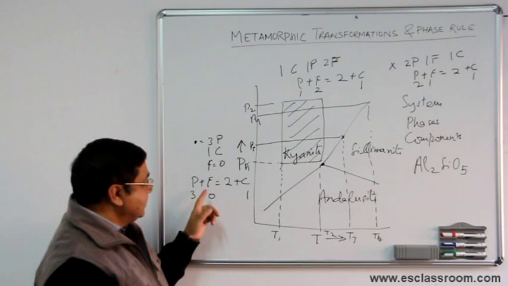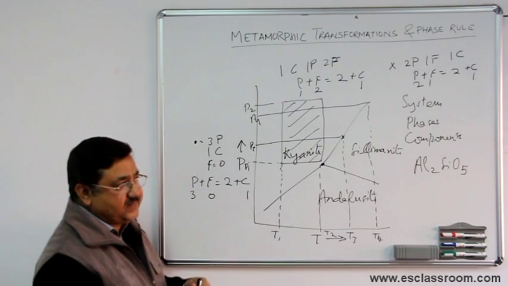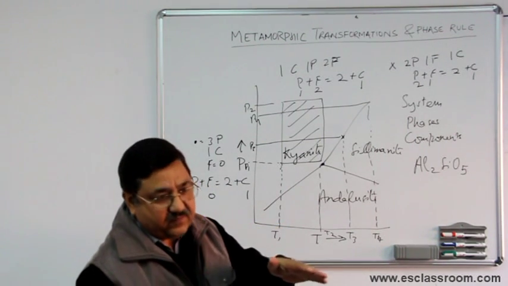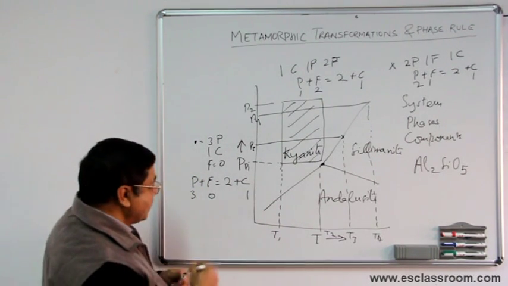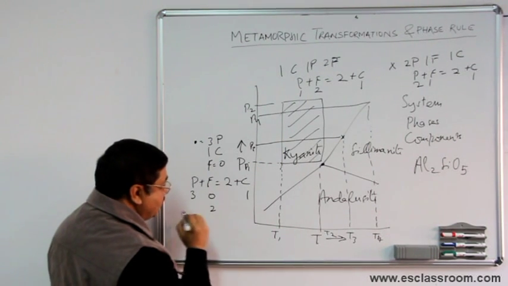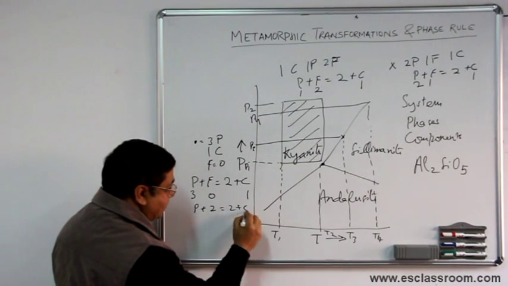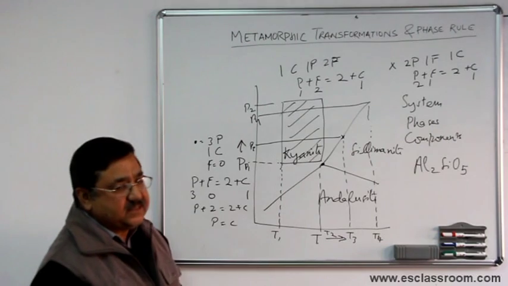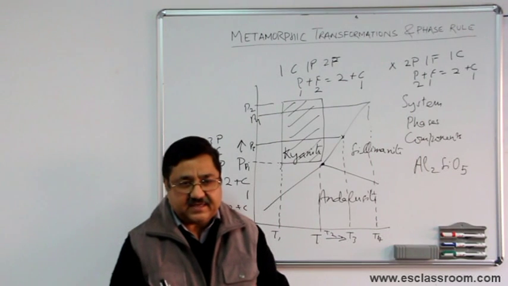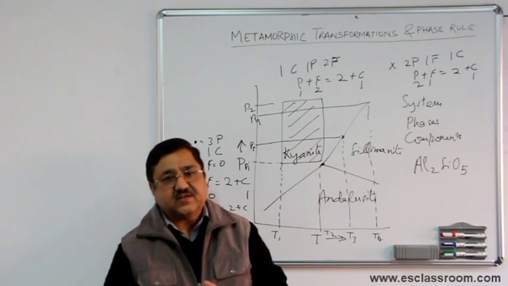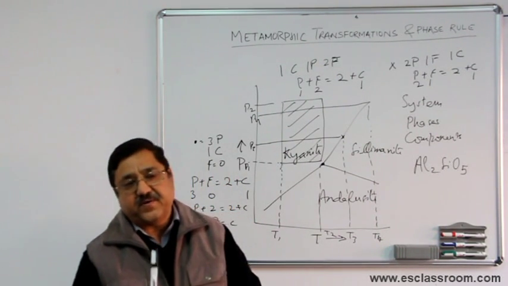If we consider a range of pressure and temperature, which means 2 degrees of freedom, then if we make F equal to 2, this equation reduces to P is equal to C, that is, the number of phases equals the number of components. So if we can define a chemical system which is valid for a range of pressure and temperature, then the number of phases will be equal to the number of components.